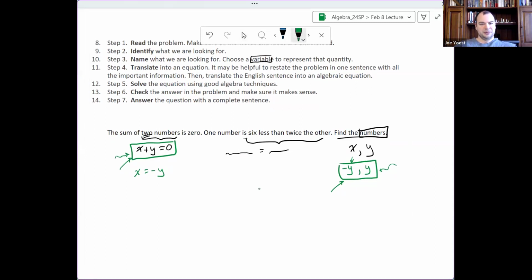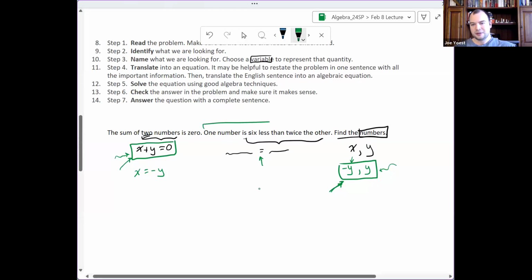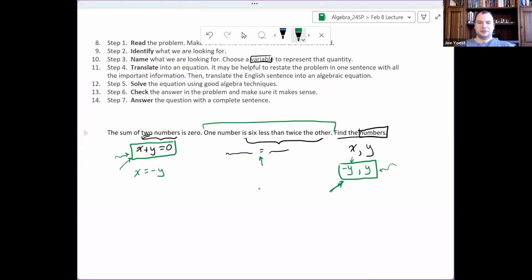Okay, but by applying this equation, we can really see that we just have one variable left to apply our second sentence to. Okay, so one number is 6 less than twice the other.